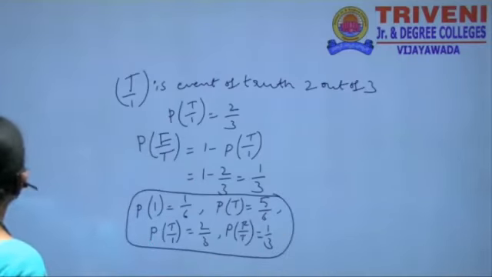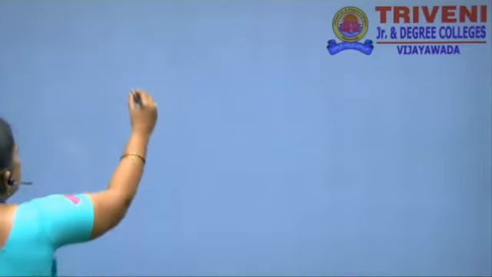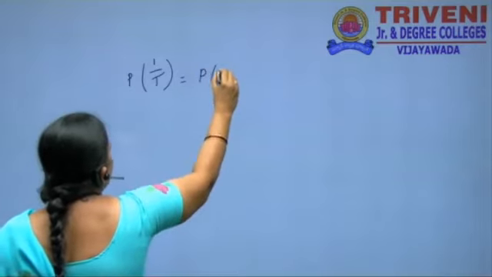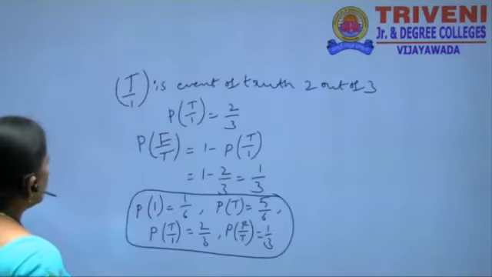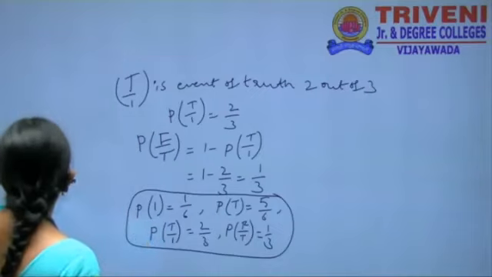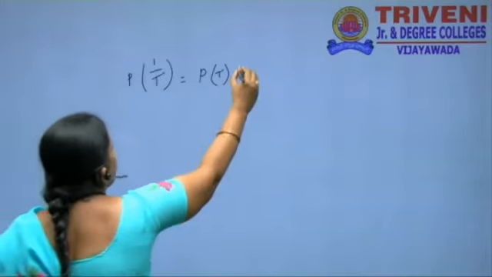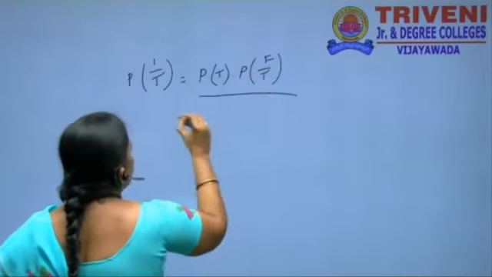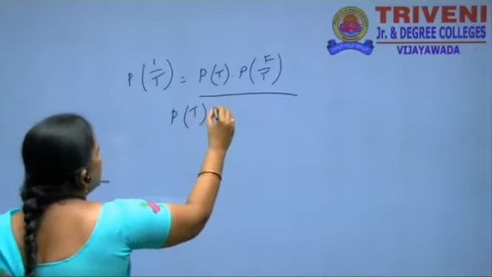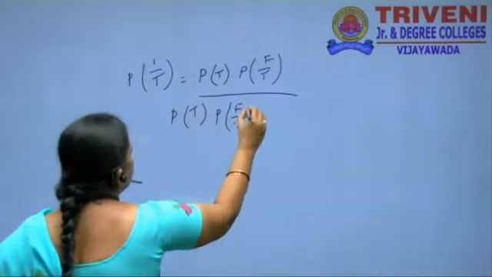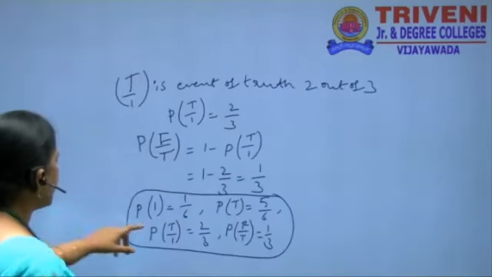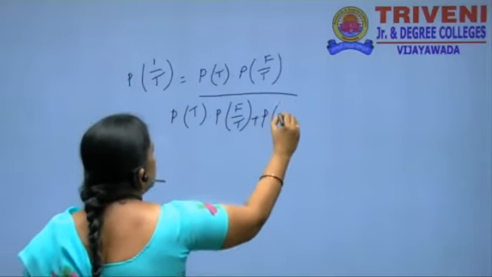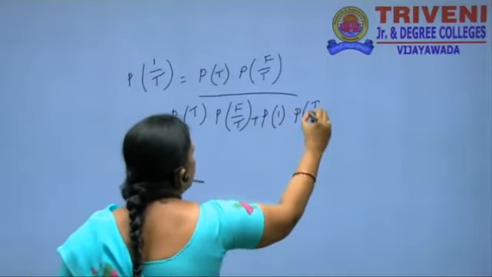By the Bayes theorem concept, we have to find P of 1 by T, which is equal to P of T into P of F by T, divided by P of T into P of F by T plus P of 1 into P of T by 1.